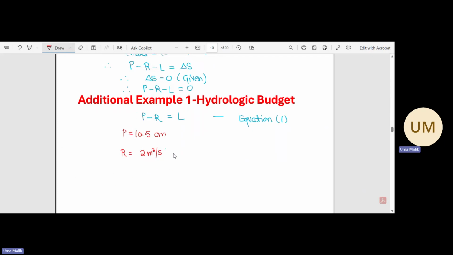Let's convert R to centimeter. So 2 meter cube per second is equal to 2 meter cube multiplied by the area given to you, which is 150 hectare, so that is divided by the area of the watershed. This gives you meters already, but we have seconds also.